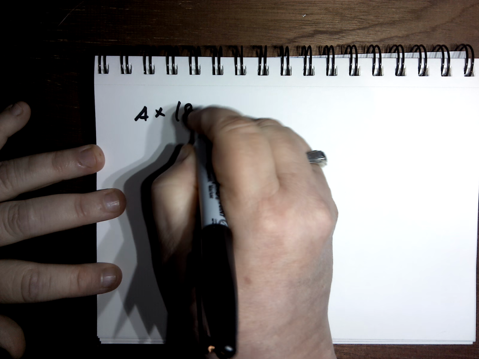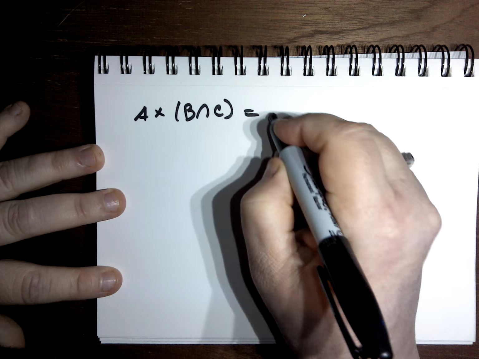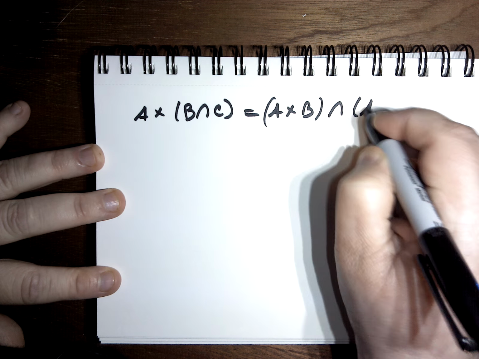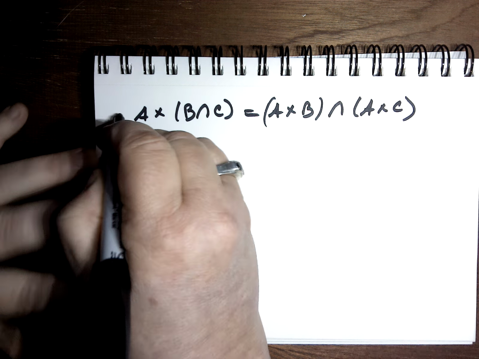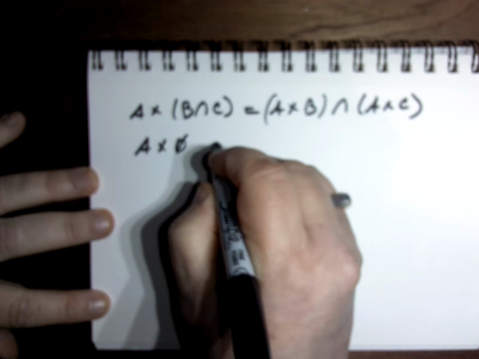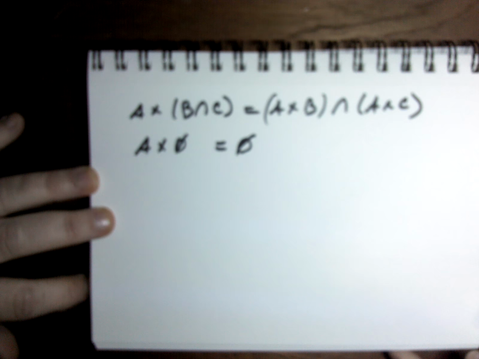There are other theorems, as you might imagine. We can say that A cross (B intersection C) is (A cross B) intersection (A cross C). We can say that A cross the empty set is the empty set.